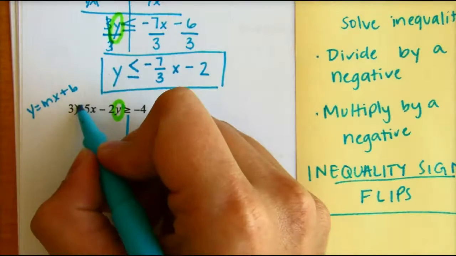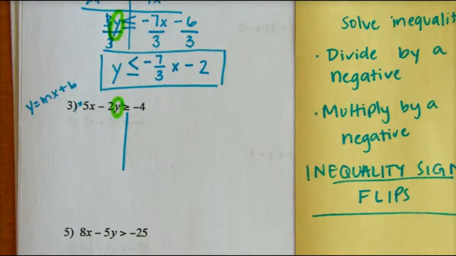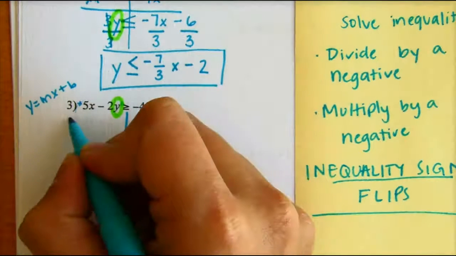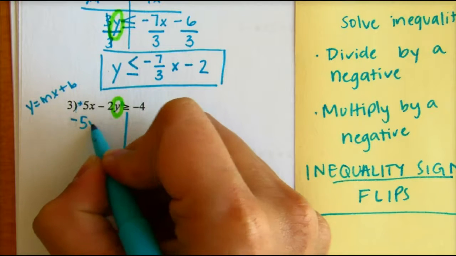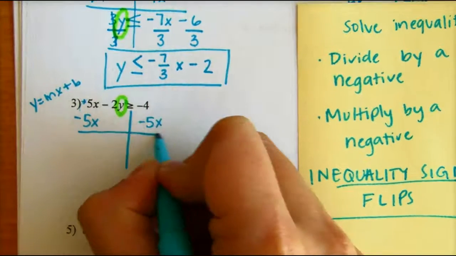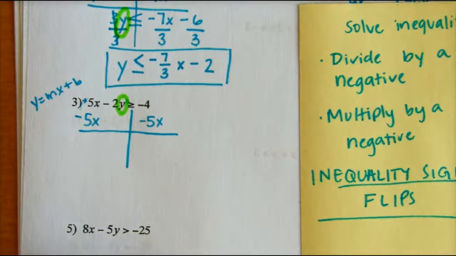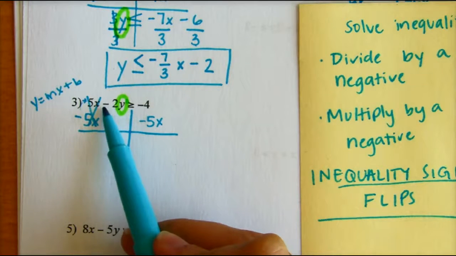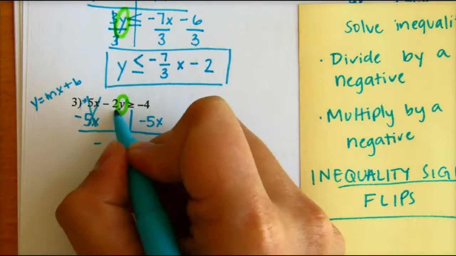Just like the other ones, it was a positive 5x. So to get rid of it, I'm going to subtract all of it, minus 5x. Okay. When I do that, my 5x's are going to cancel out. I'm going to bring down this negative and this 2y.